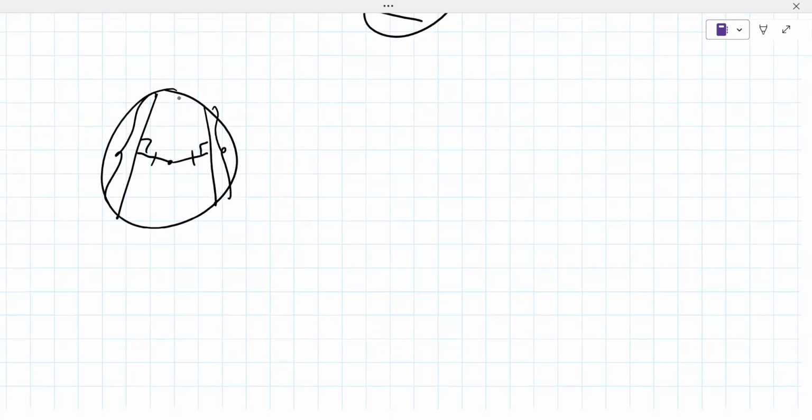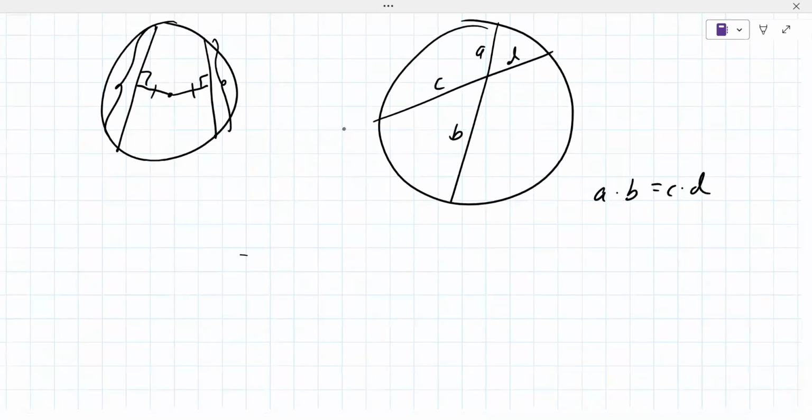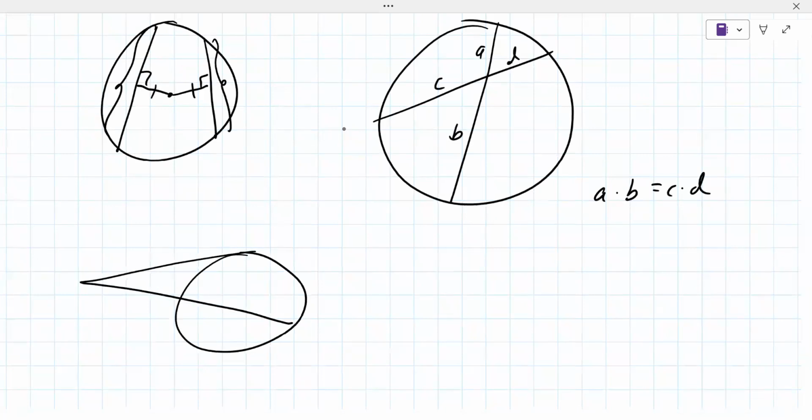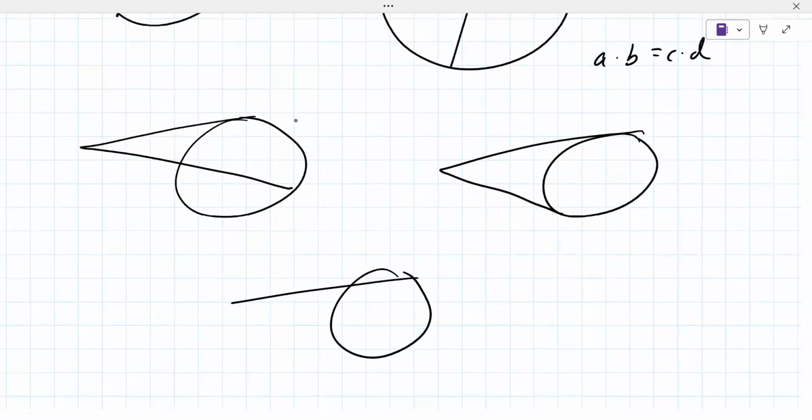The next one we talked about was chords: A times B equals C times D, like that. There's also, and you'll probably get to it soon, tangent-secant. There's tangent, which we did cover today, and then there's secant, which is probably coming. You just have to know all these formulas to do well in this part of the course.